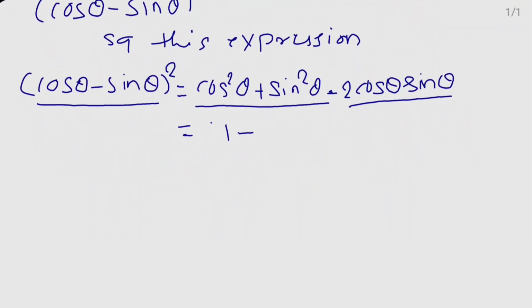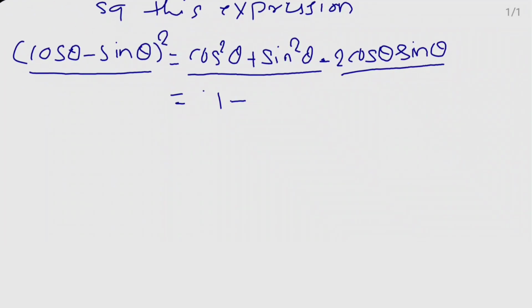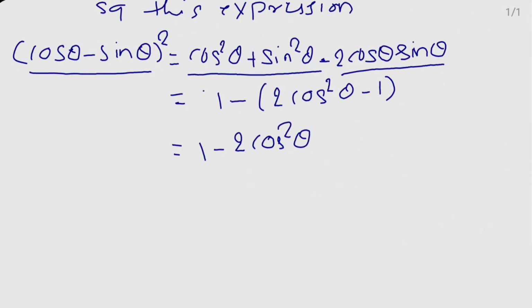We will substitute here 2 cos square theta minus 1, and now here 1 minus, into 2 cos square theta becomes minus 2 cos square theta, and minus into minus 1 becomes plus 1. So now plus 1 becomes 2 minus 2 cos square theta as it is.